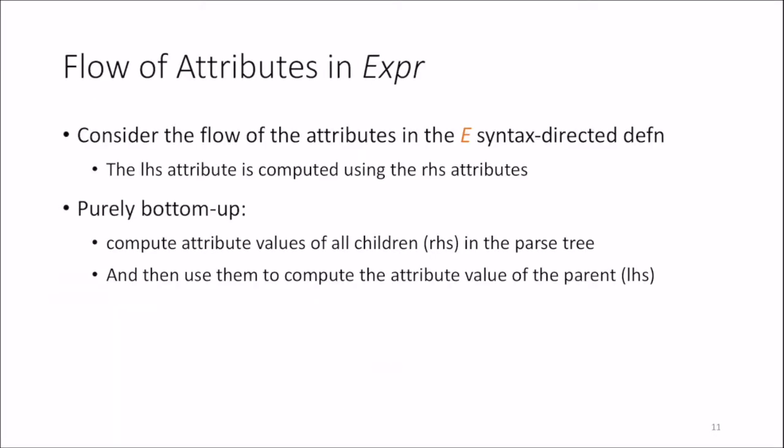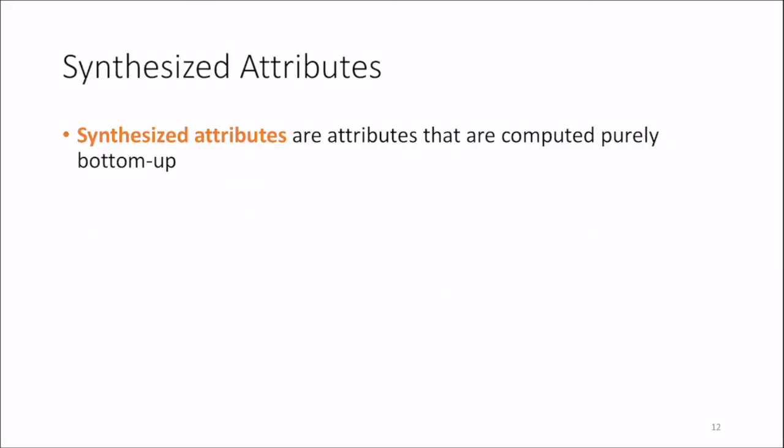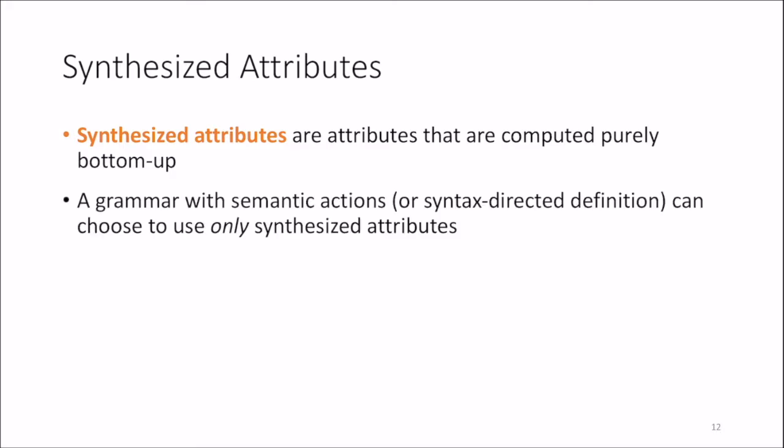We compute attribute values of all the children first, the right-hand side, and then we pass the attribute value to the parent or the left-hand side. So these attributes that are purely computed bottom up are called synthesized attributes. And a grammar with semantic actions, or a syntax-directed definition, that chooses to use only synthesized attributes is always moving the information bottom up.